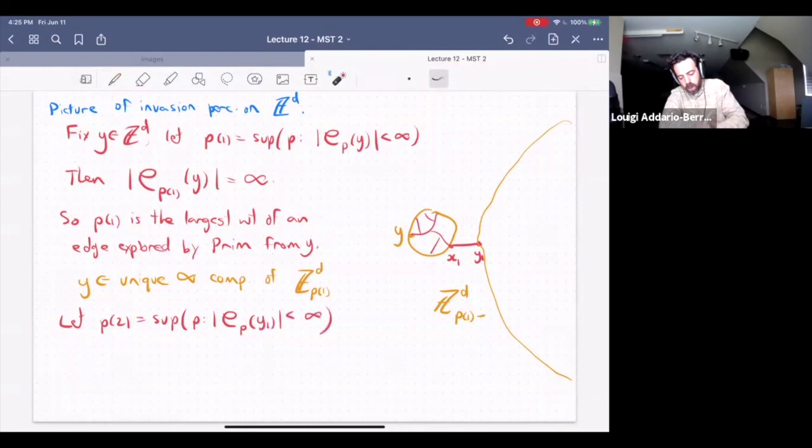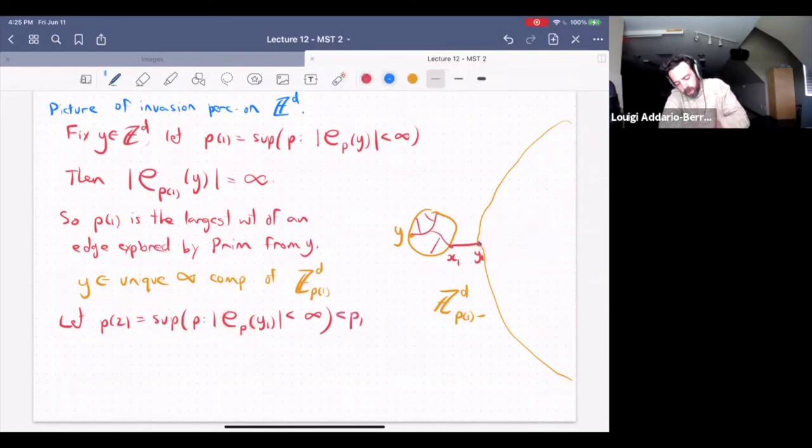Well, we know that y is sitting in an infinite connected component at P1 minus. So the largest value of P for which the component of y1 is finite will be smaller than P1, right?